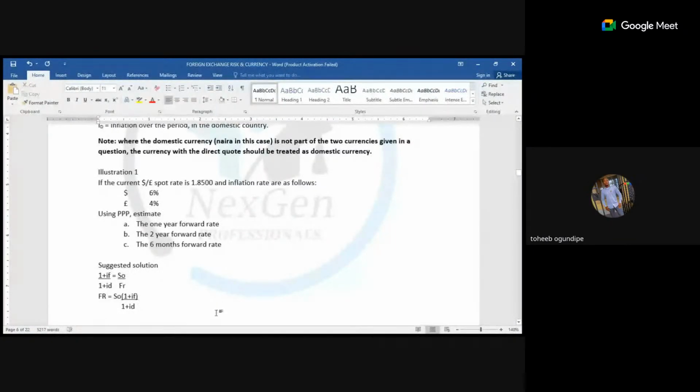This is the standard formula. If you cross multiply, we should just forget it. Okay, should we go back and do the analysis? Well, it's based on the formula that you wrote, making FR the subject of the formula. Yes, actually. So if we just do the cross multiplication, you will see that the ID will be down. I mean, IF will be down. Okay, I actually get your point.